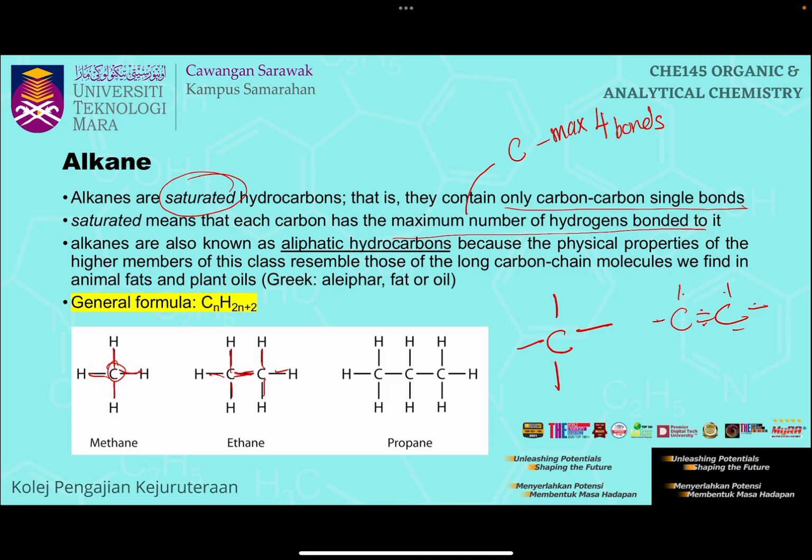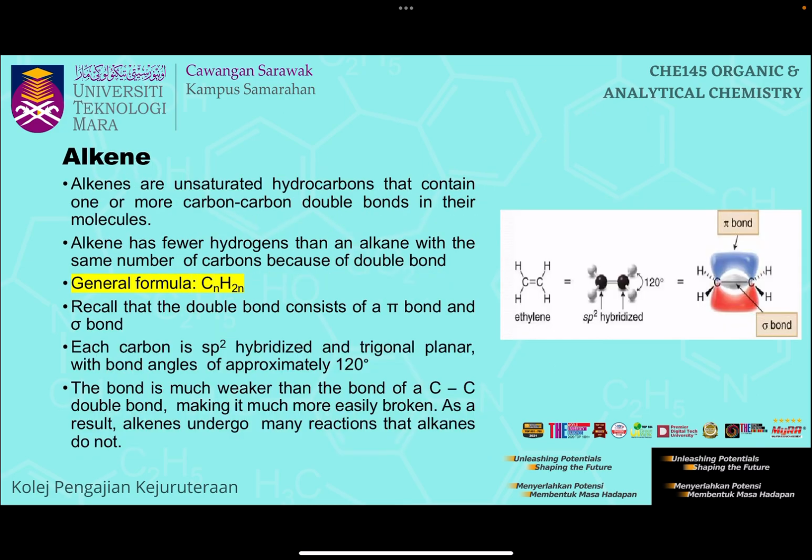Alkanes are also known as aliphatic hydrocarbons because the physical properties of the higher members of this class resemble those of long carbon chain molecules we find in animal fats and plant oil. When we talk about long hydrocarbon chains, we're talking about petrol, oil, even fats. These are mostly long hydrocarbon chains, so that's why they're also known as aliphatic hydrocarbons. Fatty carbon.